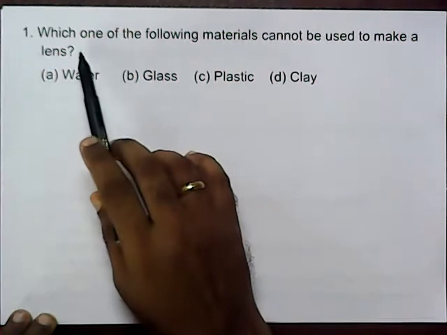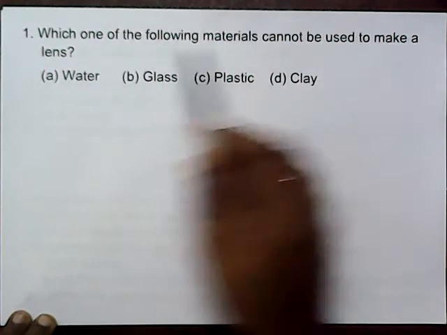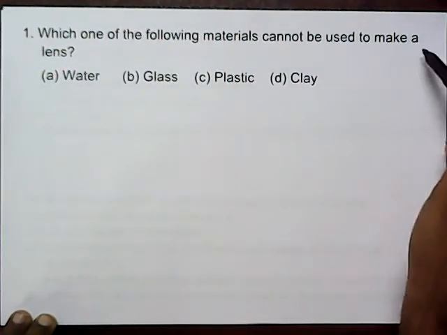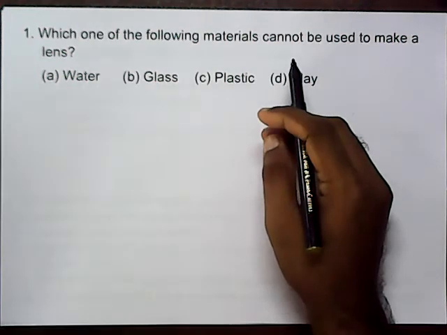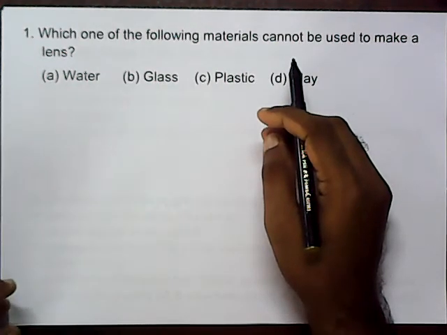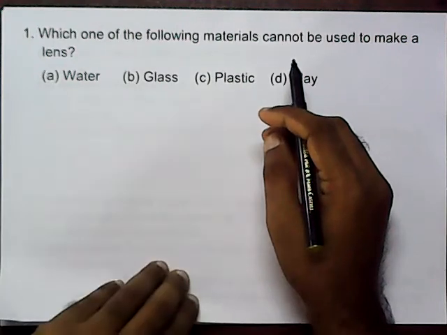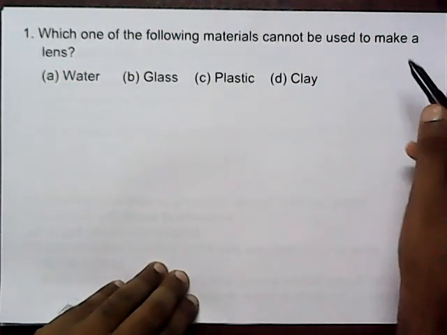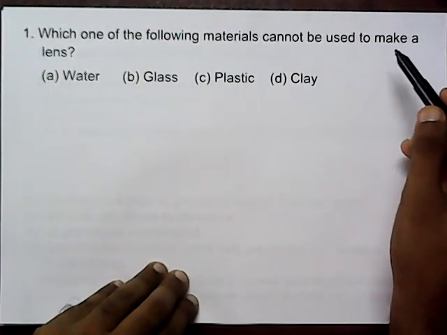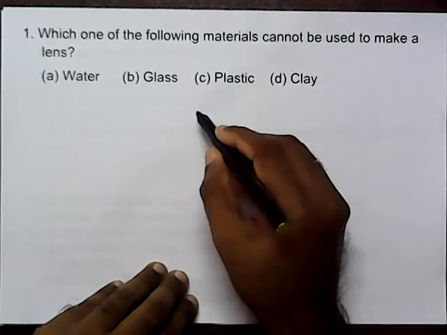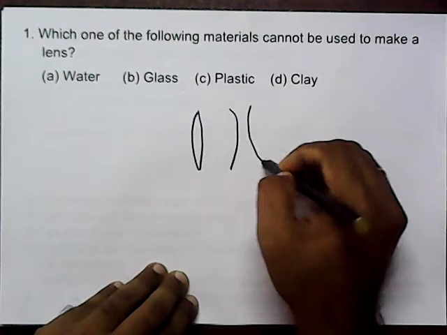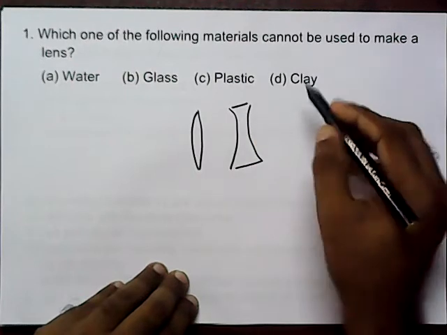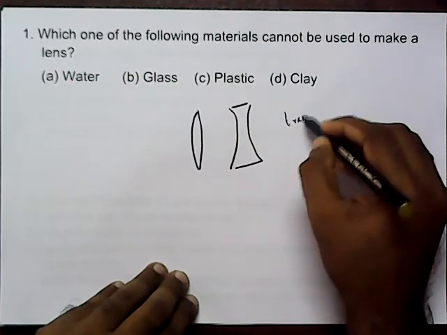Which one of the following materials cannot be used to make a lens? And keep in mind another concept, you have to expect maximum MCQs in your board exam also, so try to do maximum MCQs. So a lens, it may be a convex, it may be a concave, all are transparent.